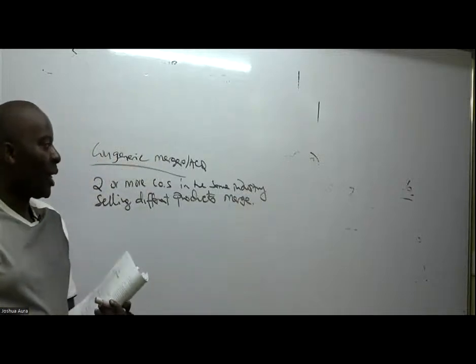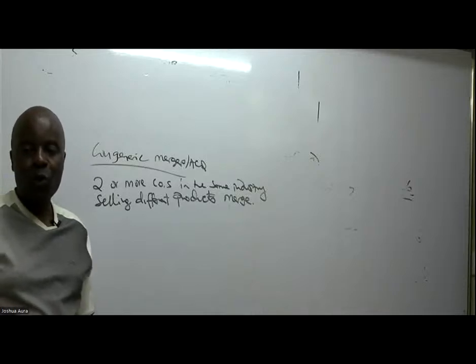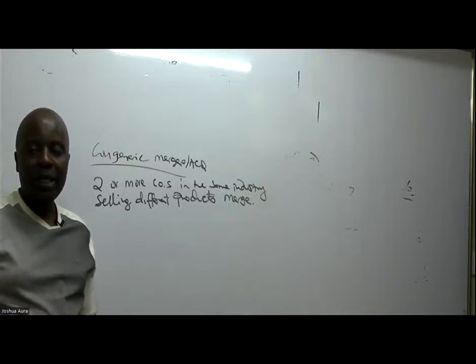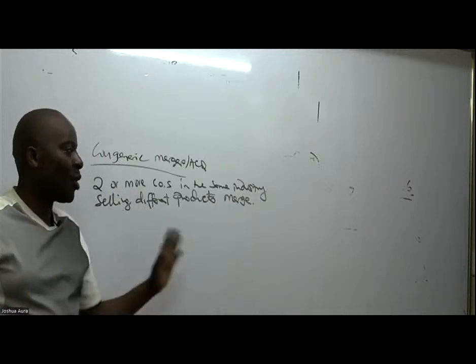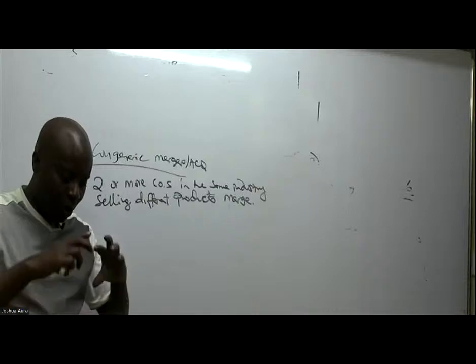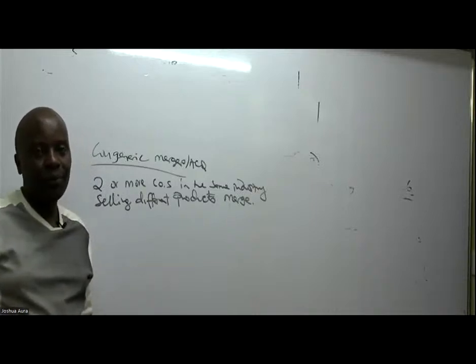Selling different products, in this case here, merge. So when you have two or more companies in the same industry, which are selling different products, merge, congeneric, general in nature, when they merge, right?